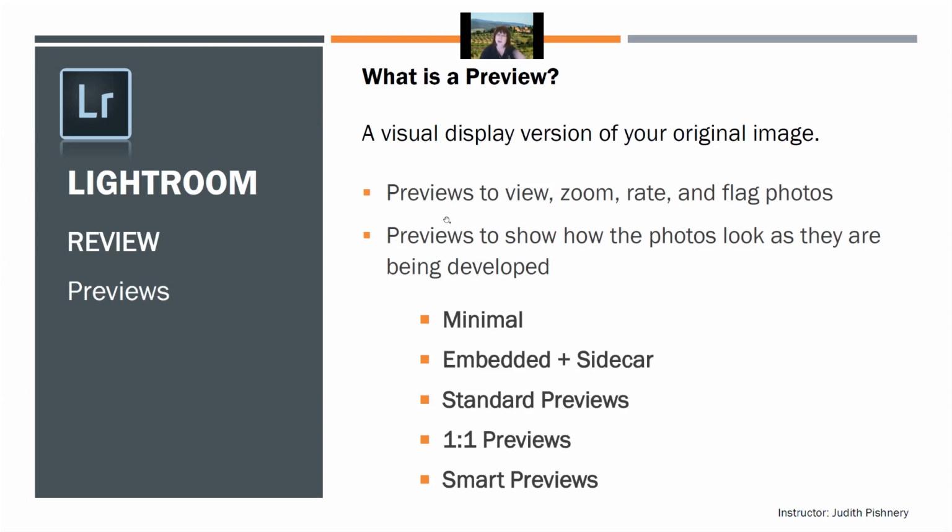The previews allow you to view, zoom, rate, and flag photos. It also shows you what those photos look like as they're being developed. There are four options for previews: minimal, embedded, and sidecar. These are essentially temporary types of previews, and they are also the faster previews when Lightroom is importing the images and building the previews.